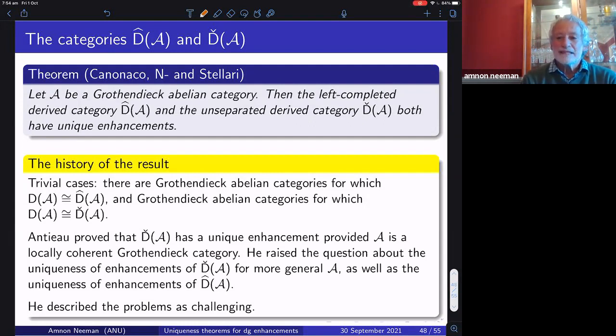The left completion is left completion in the sense of Lurie, and I don't want to say anything about it. The unseparated derived category is somehow the generalization of the category of ind-coherent sheaves.